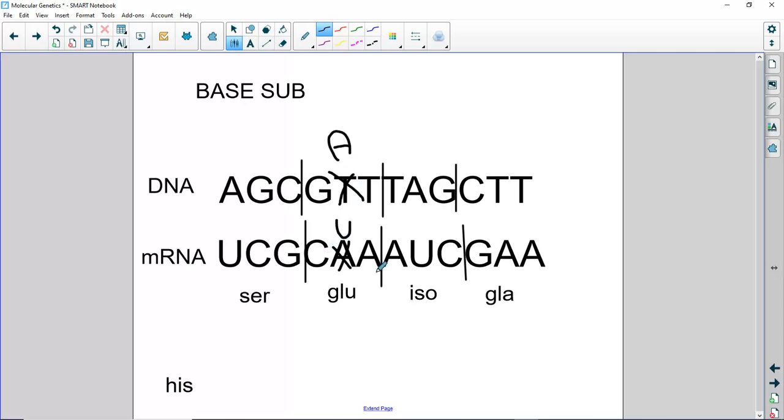Is CUA also GLU? If it is, we're in good shape. Let's find CUA. CUA does not give you that; CUA gives you LEU, leucine. So you have just changed the entire sequence here.